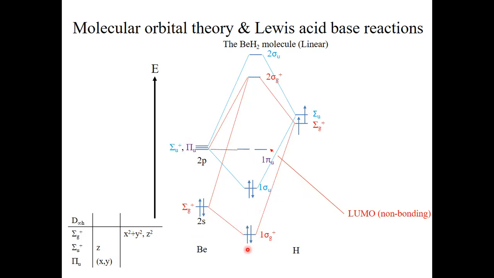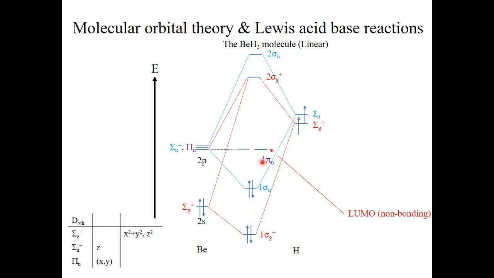The first 2 go into 1σg+, and the second 2 go into the 1σu+. This makes this orbital the highest occupied molecular orbital, and you see that in this case, the highest occupied molecular orbital is a bonding orbital. For that reason, you wouldn't expect the BeH2 molecule to act as a Lewis base.